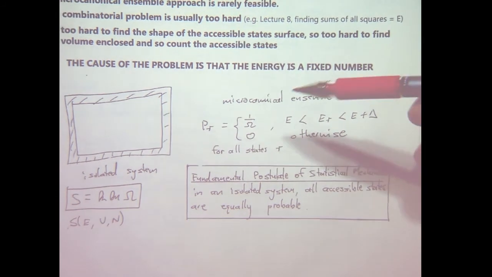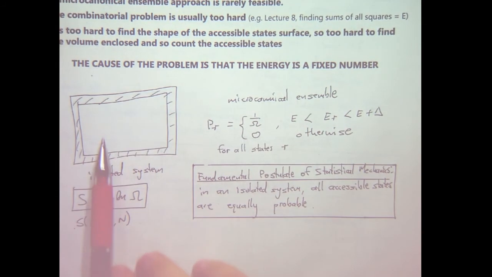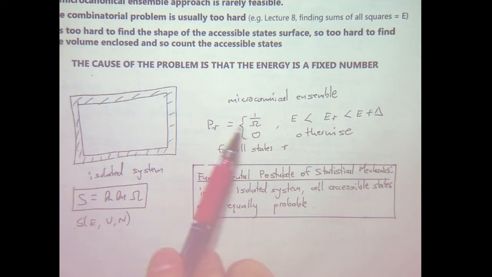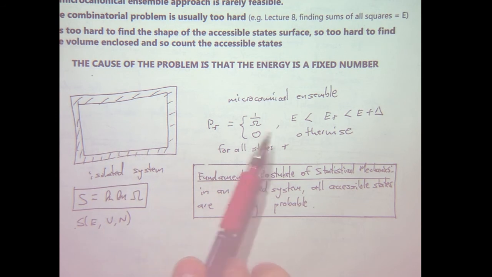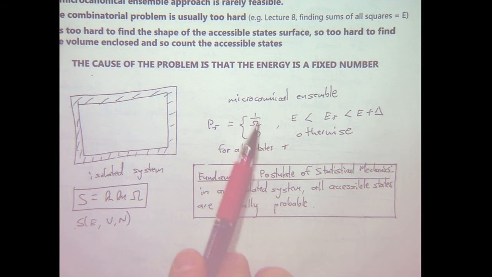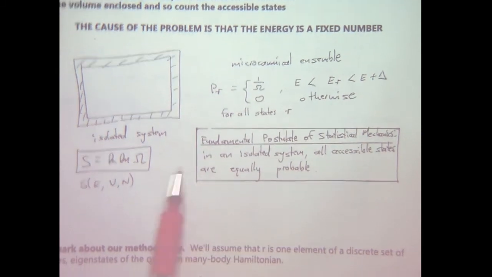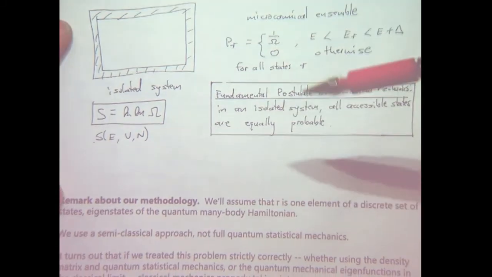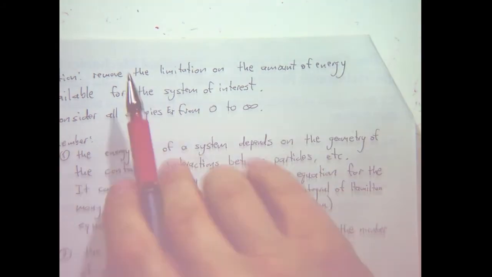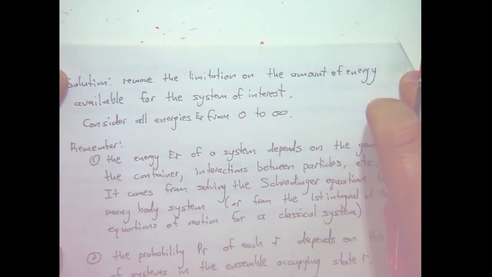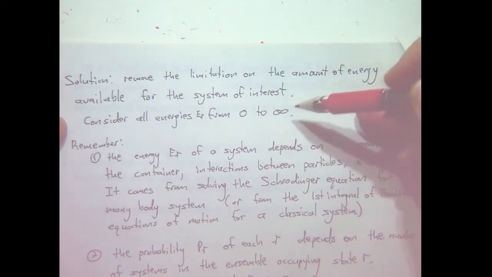Okay, so the microcanonical ensemble says that for any accessible state of an isolated system, the probability is equal. It's either zero if it's not accessible, or a non-zero constant if it's accessible. So what you do is you remove the limitation on the amount of energy available for the system of interest.